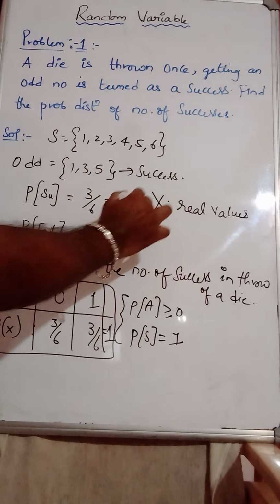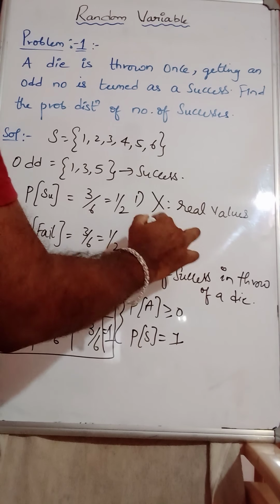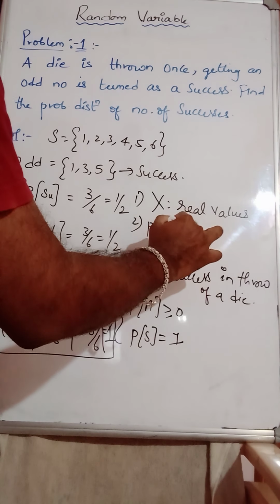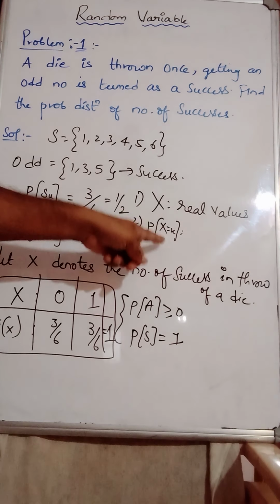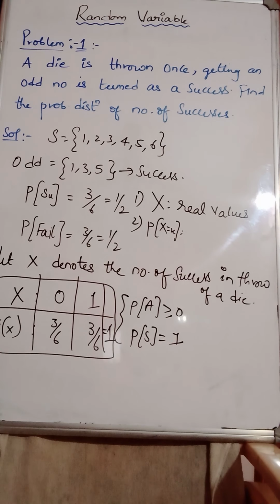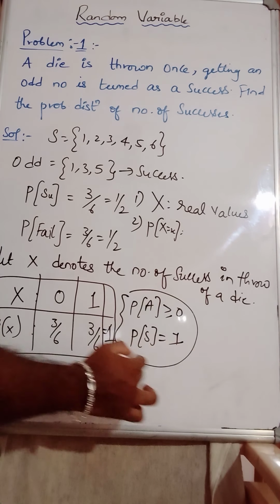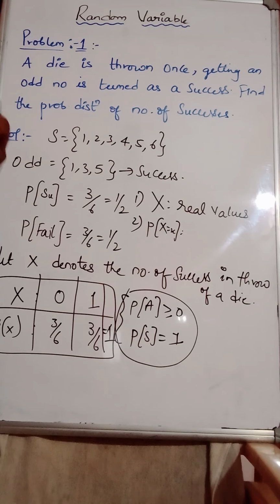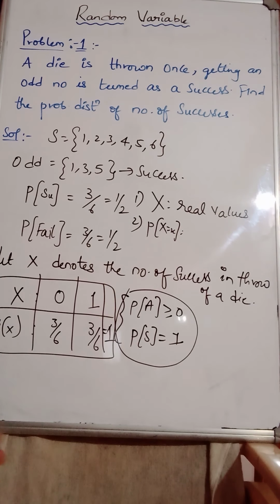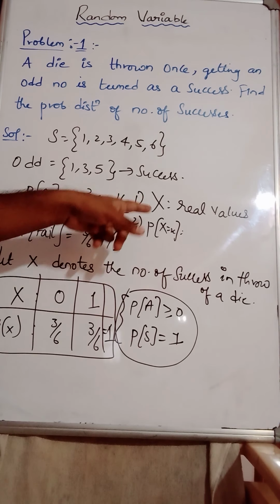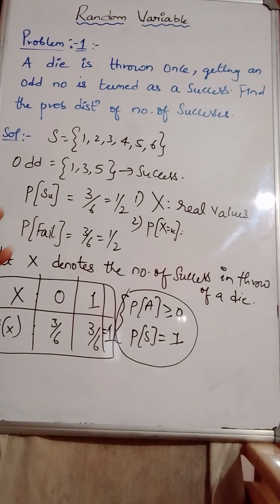Step 2, probability values should be assigned to those real values. Step 3 is observing these conditions: whether the probability value is non-negative and the total probability is 1 or not, we need to observe for any problem. Remember, these are the 3 steps we have to follow.